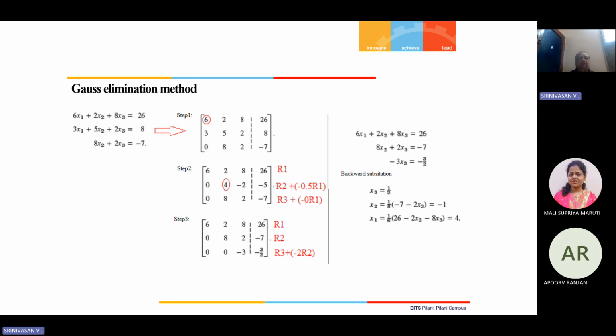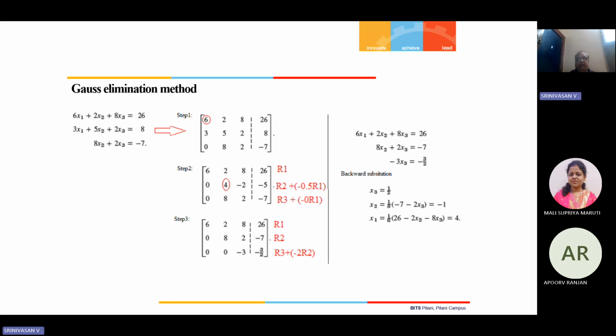You should always think of making the first column second row element to be 0. Okay, that is the first step. So what do you do here? Here you have 3, here you have 6. There are two ways of doing this: 2 into R2 minus R1. You can say 6 minus 6. Anyway, this is meant to be 0. So 2 times 3 minus 6, or 3 minus 6 into 0.5. What I would understand. So here, of course, this author has written that way.